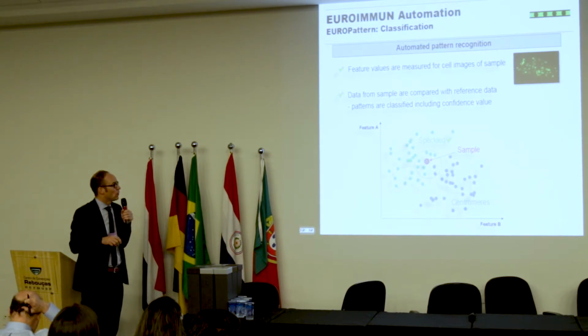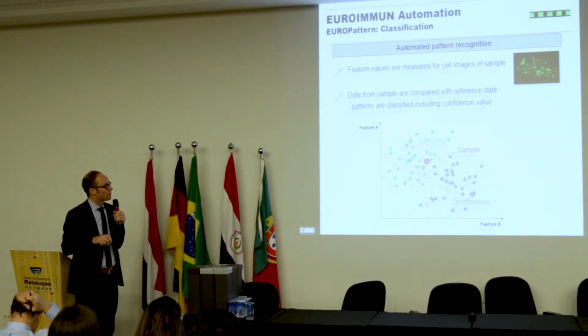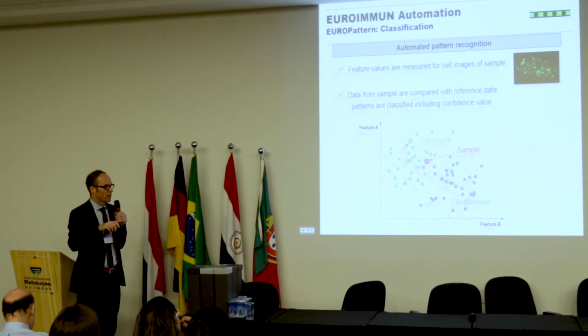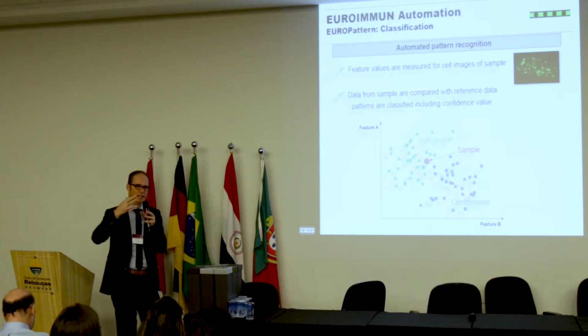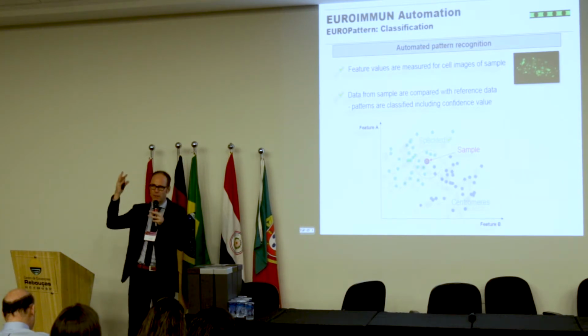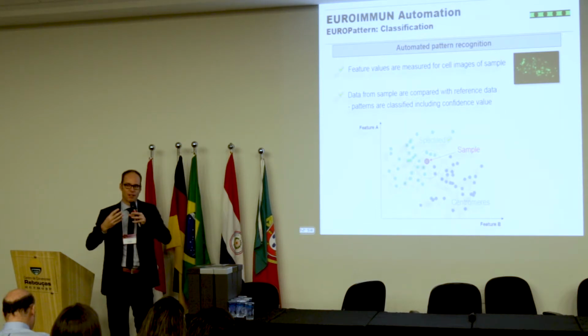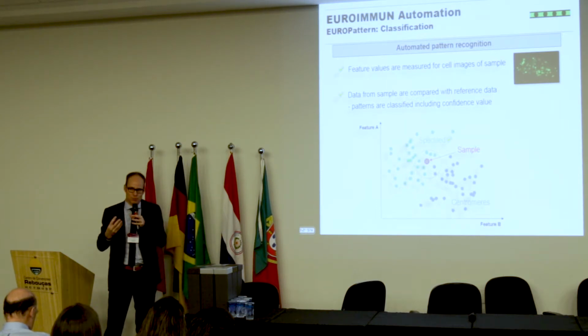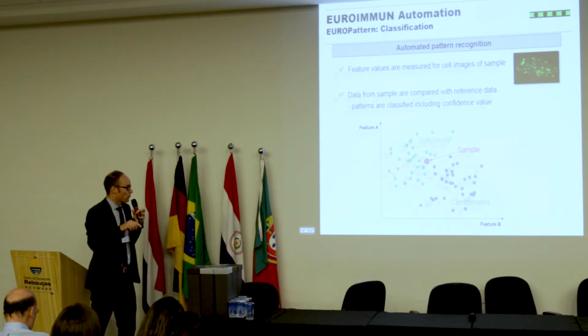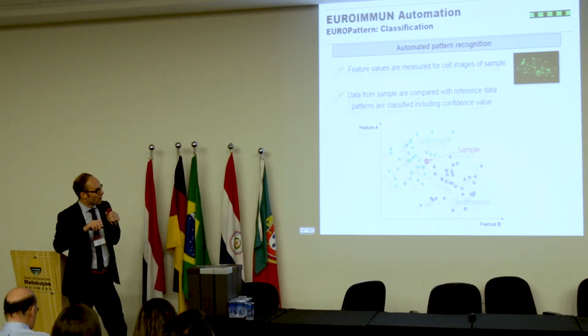And how does the software now evaluate if this is a homogeneous or a speckled pattern or whatever? So what we are doing is we have, in this case, as an example, 50 reference samples for centromere, and these 50 reference samples form a kind of cloud in a 3-dimensional room, or because we look at 170 feature values, it's a 170-dimensional room, but nobody can imagine that, so that's why I put it just in 2D.